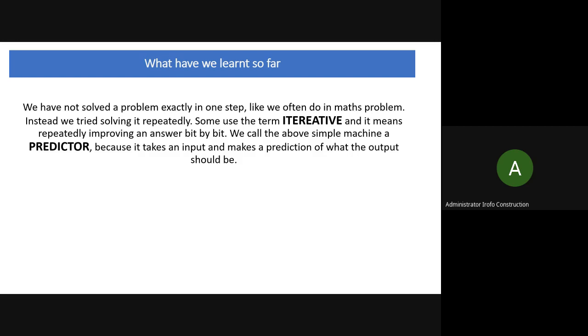This one you're calling a predictor because you're using it to predict an output for a number, and numbers are infinite, they don't end. So take notes of these terms: iteratively, predictor, model. A model is just like a function, and even a predictor itself is also a function or a model. These are some terms that we just take note of.